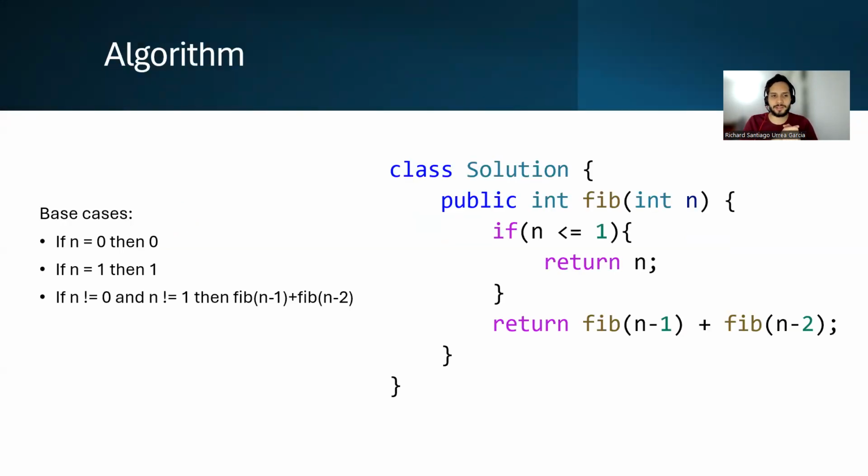About the algorithm, there we have the base cases. As I said, n0 will be 0, n1 will be 1. For any other case, it will be the Fib, that is the Fibonacci case, so it will be the last case and the two previous cases summed. There in the solution, you can see this algorithm. As I mentioned a little before, it works with dynamic programming and recursion.